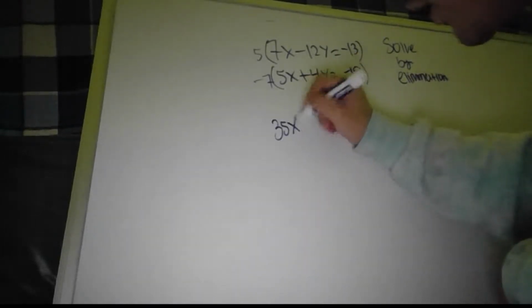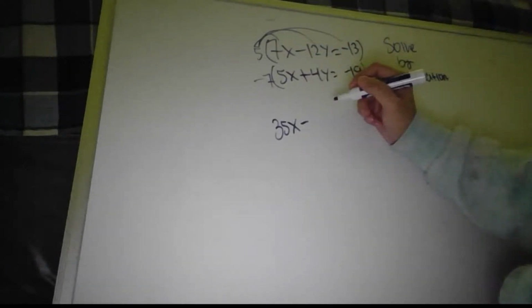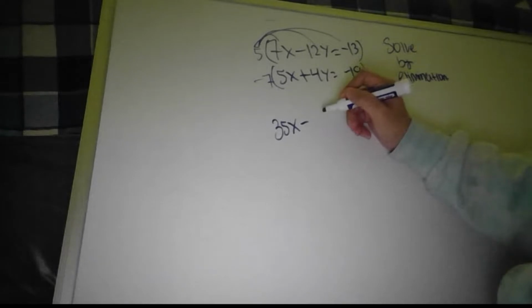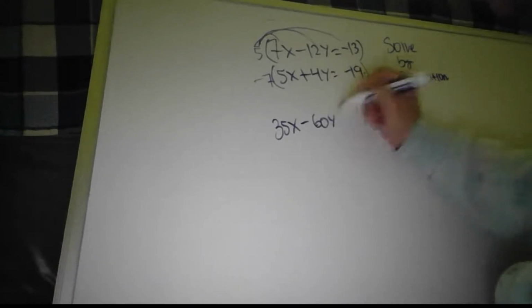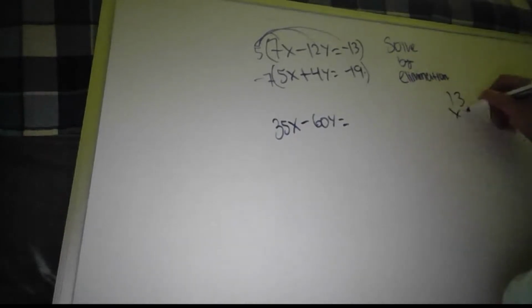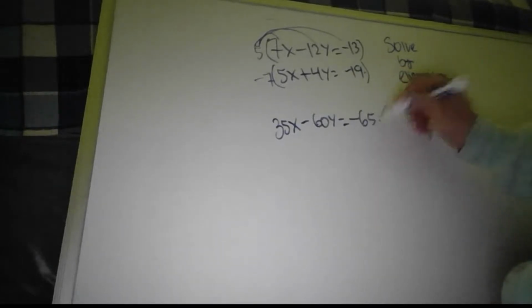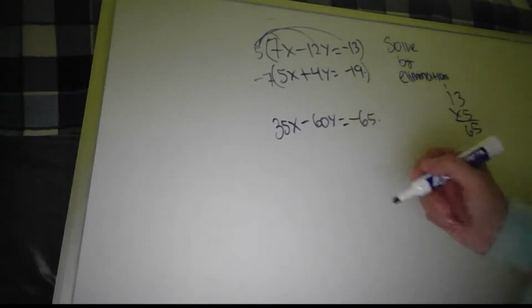So then we have 35x minus, and we're going to distribute, right? 35x minus 16y equals negative 65, right?